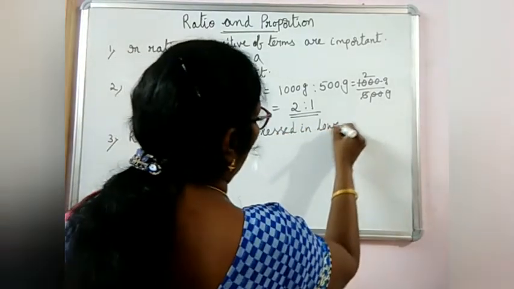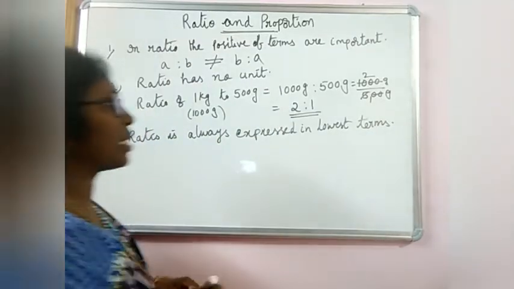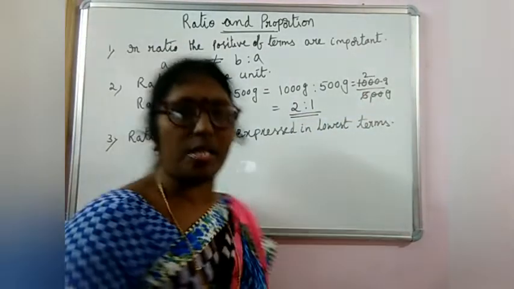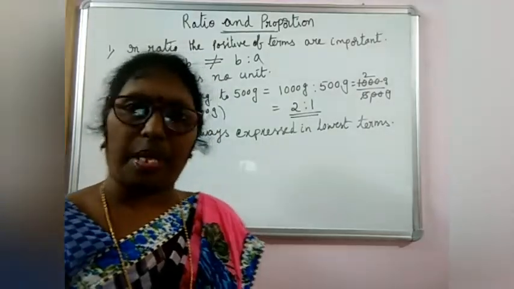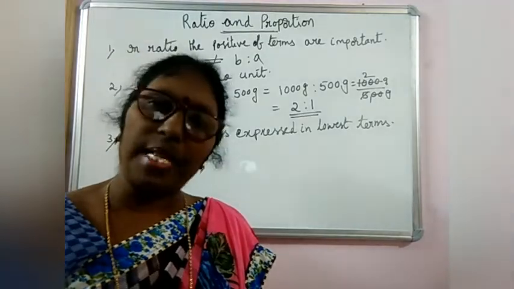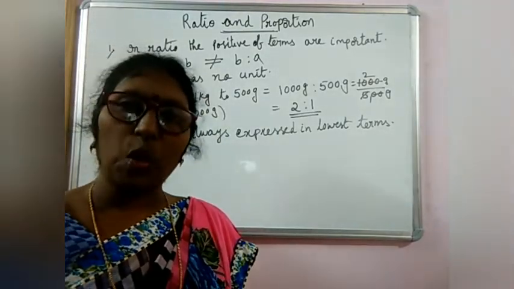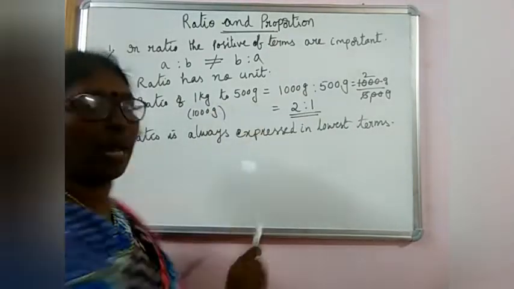That is already shown here. We cannot keep 1000:500 like that. If it is complex, we have to make it simple in lowest terms, or we can say in simplest form. Okay? And also if they are of different units, convert them to the same unit.